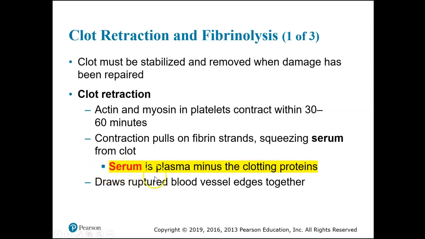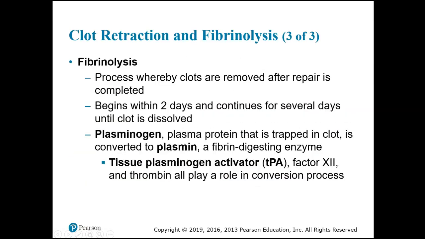But I wanted to just point out one thing here, because sometimes in medicine you hear about, especially when someone is donating blood, they can donate plasma and they can donate serum. The difference between serum and plasma is that serum is plasma minus the clotting proteins, the clotting factors.